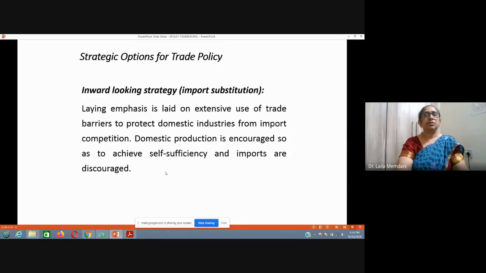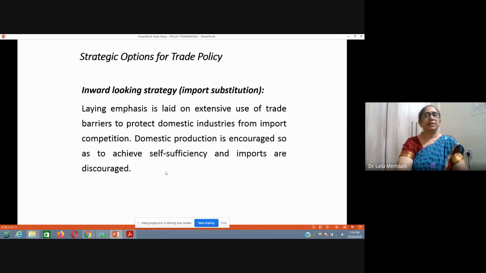Now, coming to the options for trade policy for the government, the most famous and the most popular are the two broad options: inward looking strategy and its opposite, outward looking strategy. What is inward looking strategy? Inward looking strategy is nothing but the strategy of substituting import.